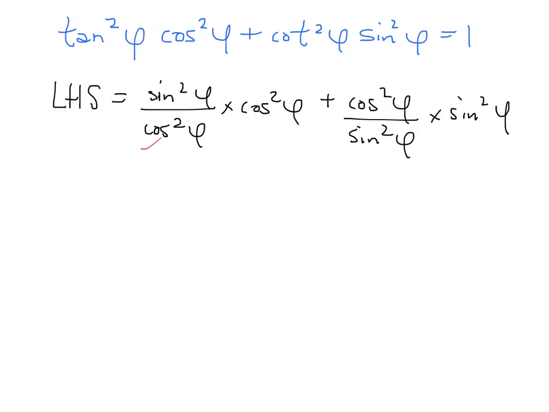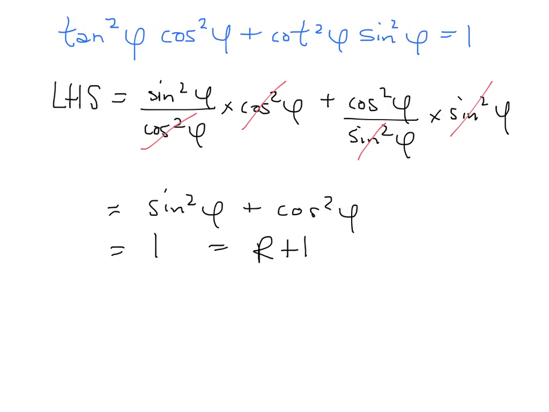Now, cos squareds cancel out, sine squareds cancel out, so we're left with sine squared phi plus cos squared phi. But this is just one of our Pythagorean identities, and it just equals 1, which is the right hand side that we were looking for. And we're proved.